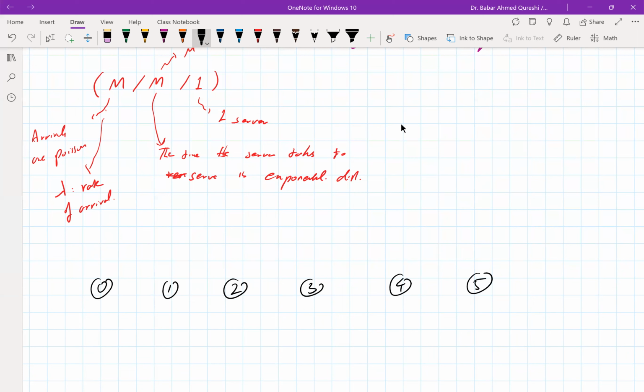So clearly, if you have 0 customers, you have a rate lambda at which a new customer can come. And when you have 1 customer here, because there's a continuous rate of customers coming in, you have the same lambda.